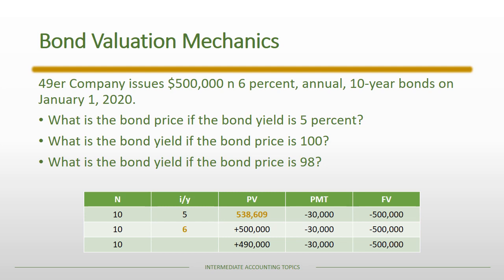So the company will receive $490,000 at issuance. When we solve for the I/Y, which is the bond yield, we get a discount bond because the yield on the bond is more than the bond rate. The bond yield is 6.2753%, whereas the bond rate is 6%. Since the bond rate is less than the bond yield, the bond is being issued at a discount.